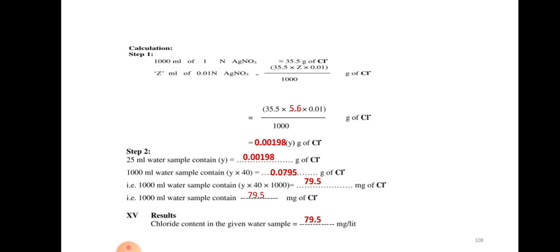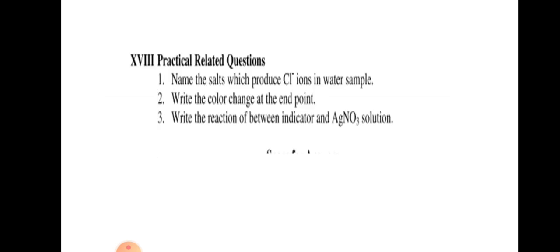So in 25 ml of water sample, it is 0.00198 gram of Cl minus. So for 1000 ml, it is 0.0795. And when we convert to milligram, it is 79.5 milligram per liter of chloride present. So this is acceptable for drinking purposes.